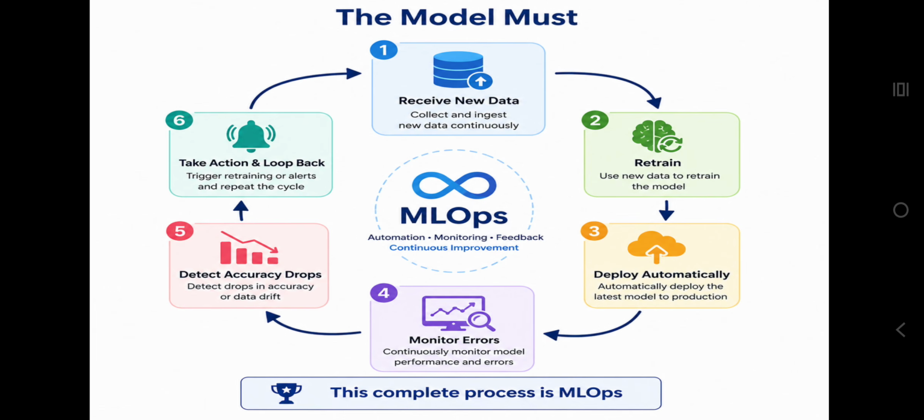So this is the total process defined in the subject that we are going to discuss in this semester, called machine learning operations, which is said to be an advanced version of the machine learning subject.